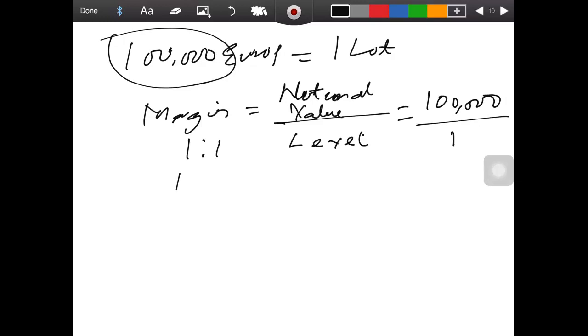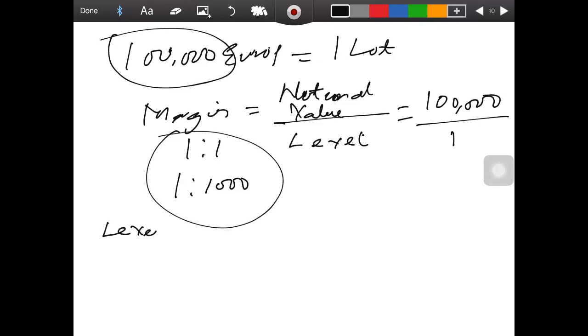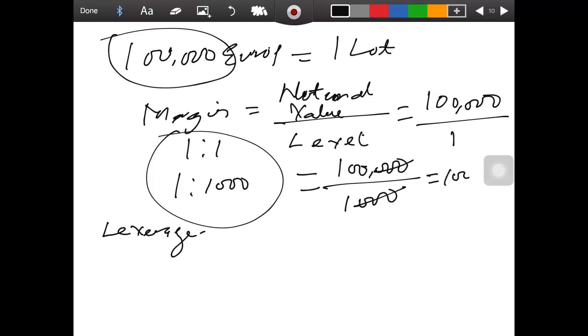But if you are using a 1 to 1000 leverage, the formula will now be 100,000 divided by 1000, which gives us 100. So all you need to set aside with a 1 to 1000 leverage is 100 euros.